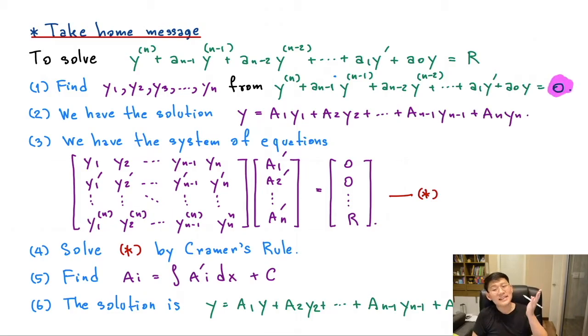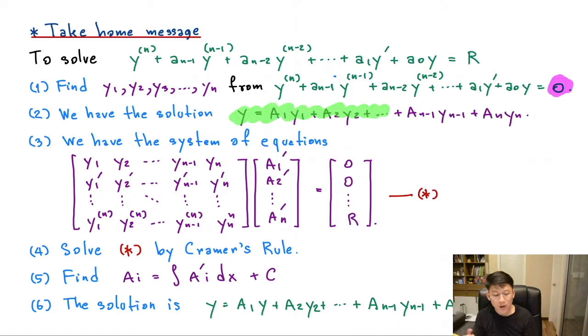In that case, you go back to the homogeneous linear equations. You have the characteristic equation, solve for the roots, and so on. After that, we write down the solution as this.